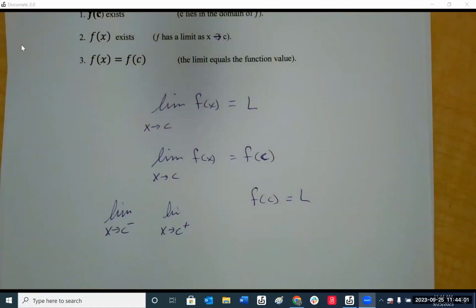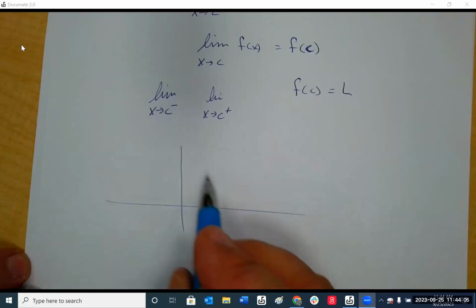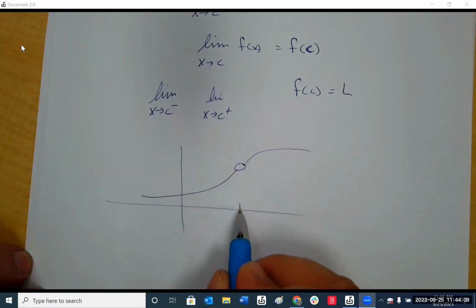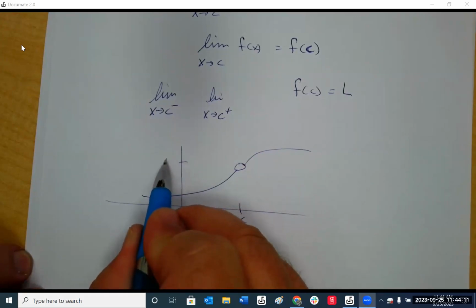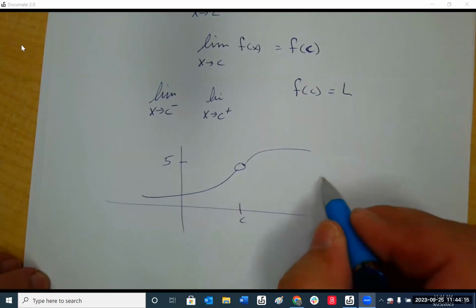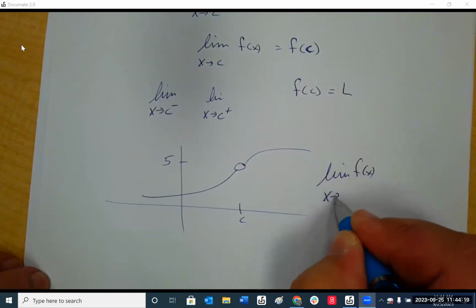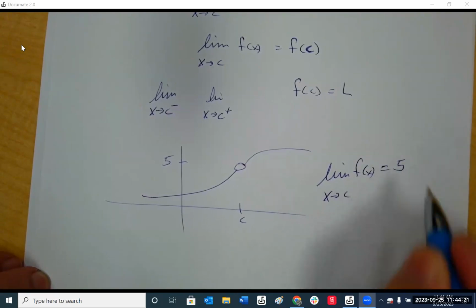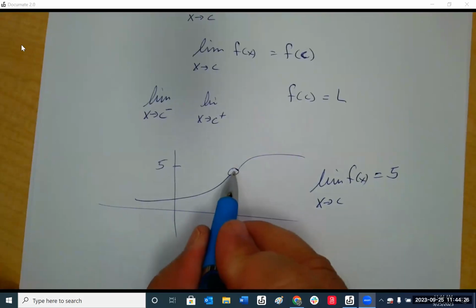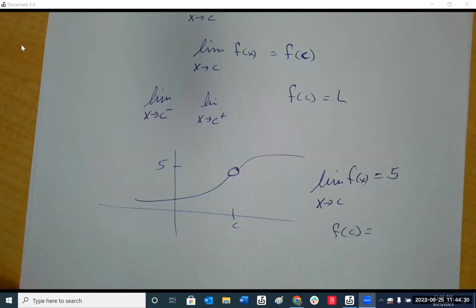See, the problem is the limit of this function as x approaches c exists and it's 5. But does f of c actually exist?